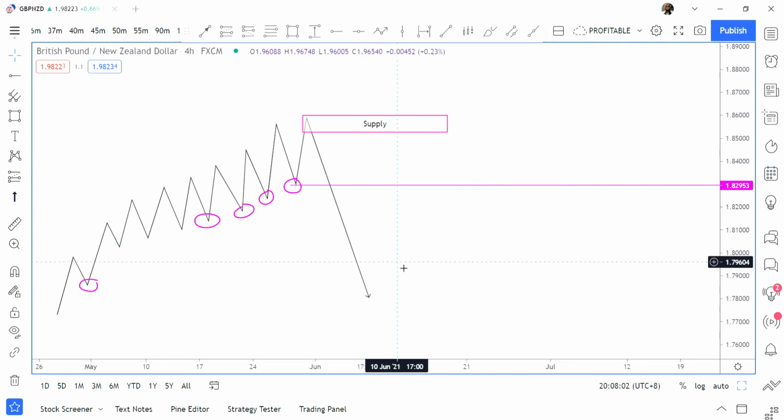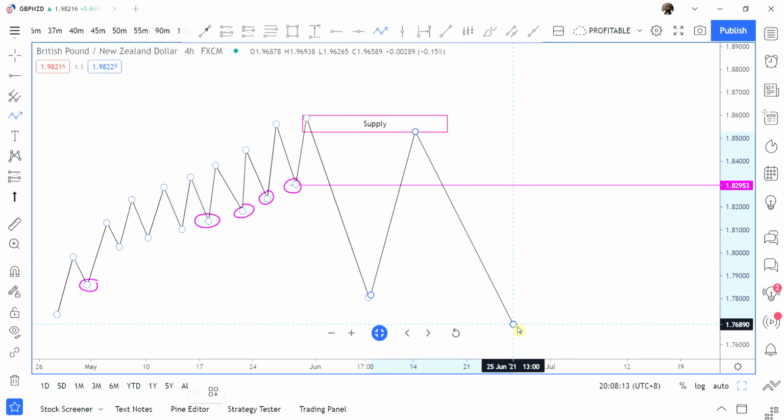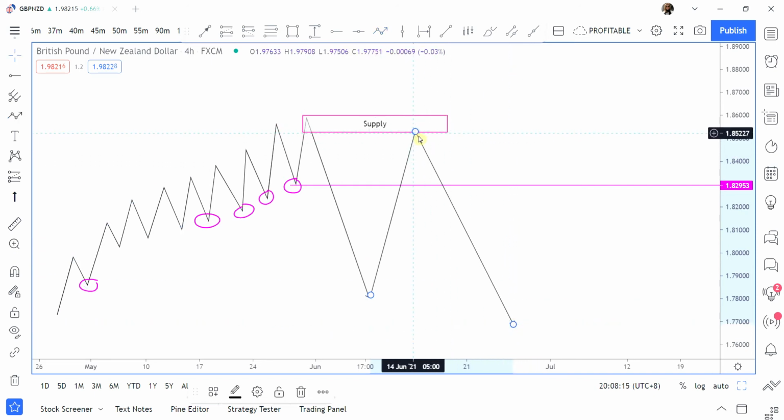And when this happens on the chart, we know that we can expect price to come back to this level and have a reaction on this area, and then it will go to the downside from there. That is the expectation, and that's why we look for supply zones where we can sell. So the idea is that we can sell from here.